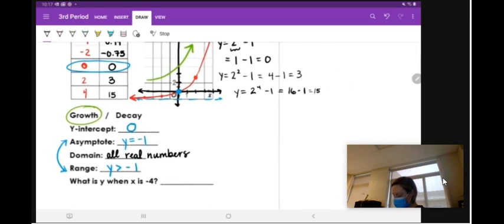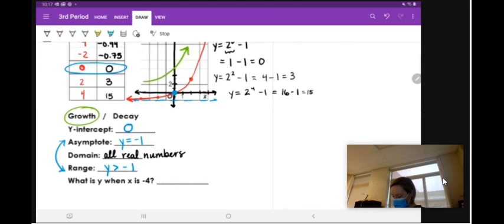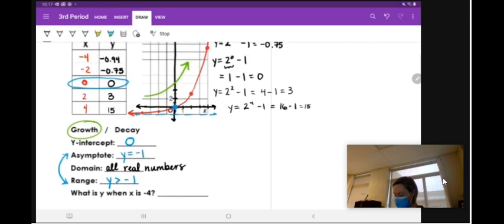And finally, they ask us one more question. What is y when x is -4? Well, that's on our table. So we can use our table to just fill that in. -0.94. We can kind of round it a little bit.